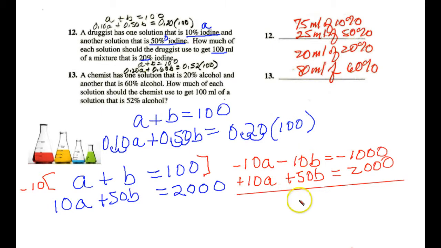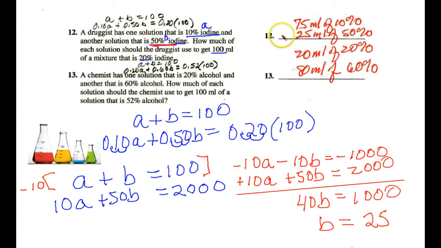These cancel out. This gives me 40B equals 1,000. I divide both sides by 40. I get 25. Now my B, you recall, was the 50% solution.